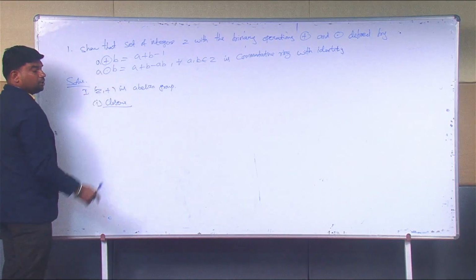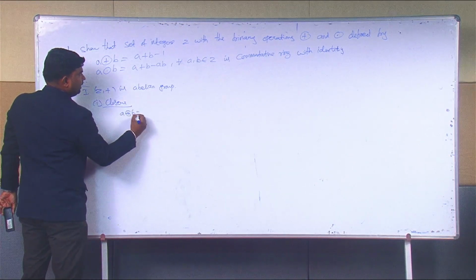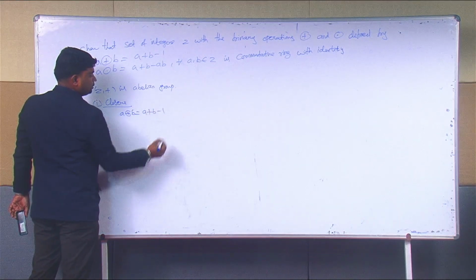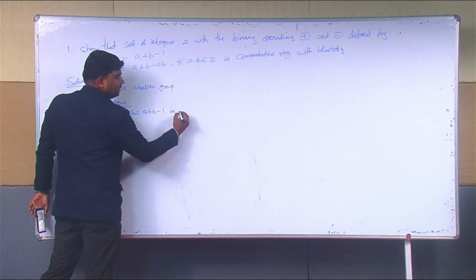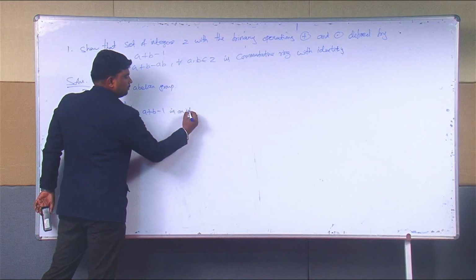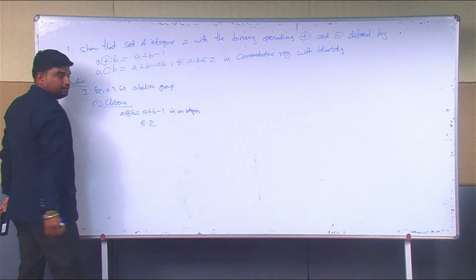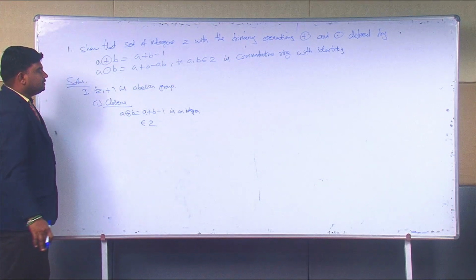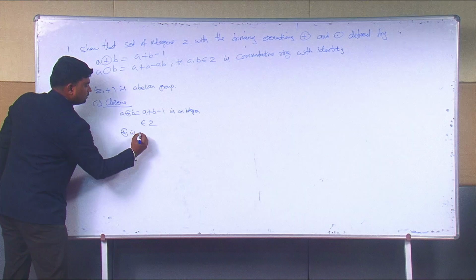By the definition of addition modulo, a addition modulo b equal to a + b − 1. a + b − 1 is clearly an integer, so it belongs to Z. So closure is satisfied. Addition modulo is closed.